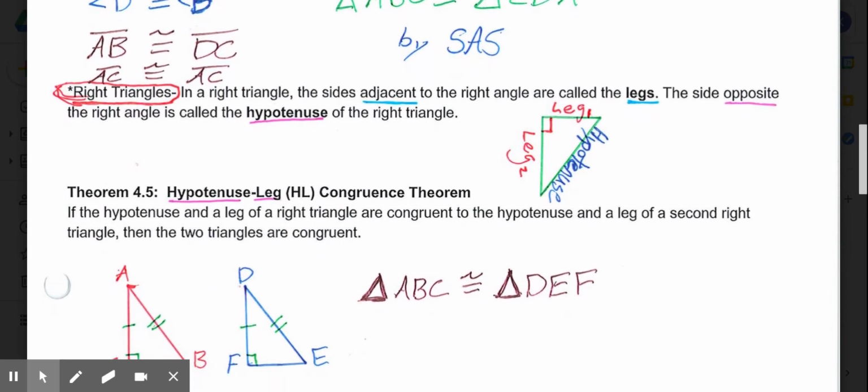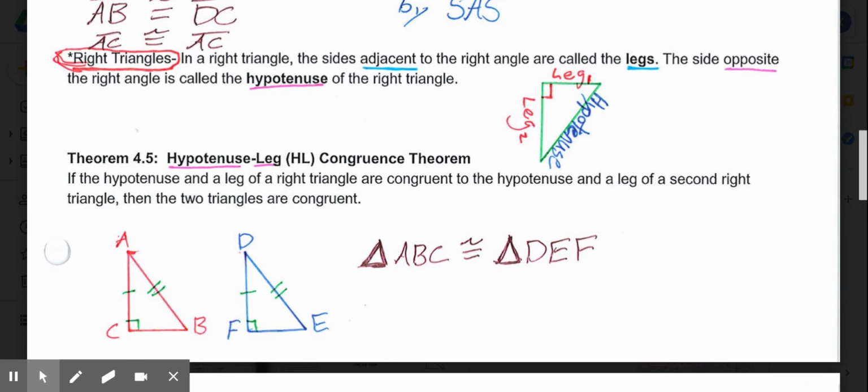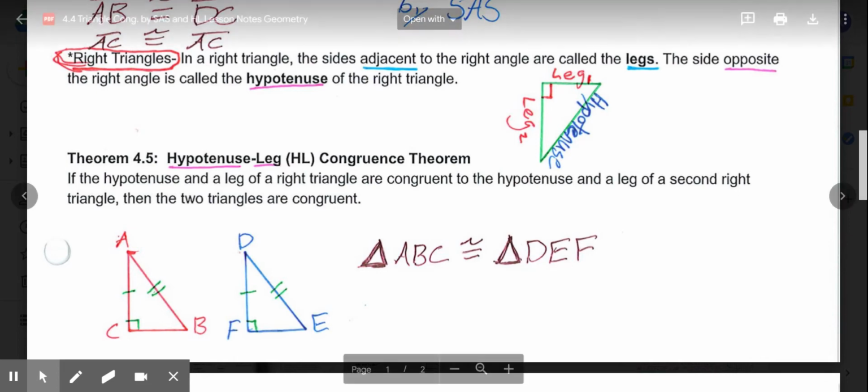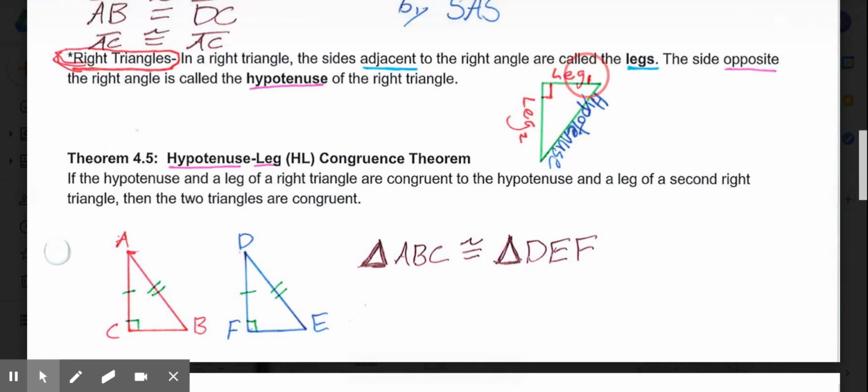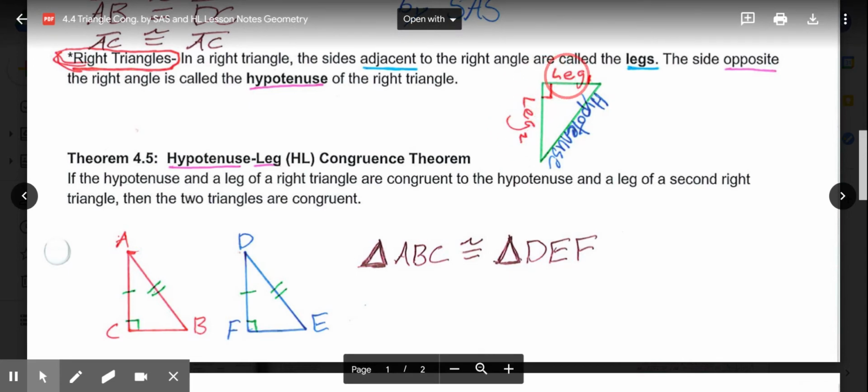Now we get to that hypotenuse leg idea. Right triangles, we know, are special triangles with one right angle. The two sides adjacent to the right angle are called legs. So the two sides that meet at the right angle are leg 1 and leg 2, or our two legs of the right triangle.